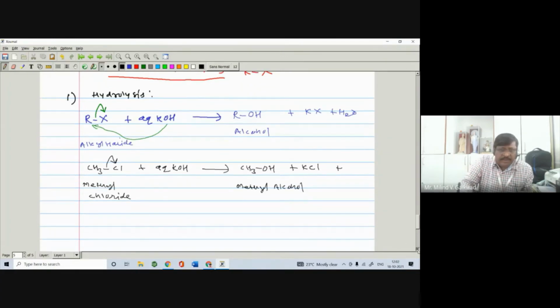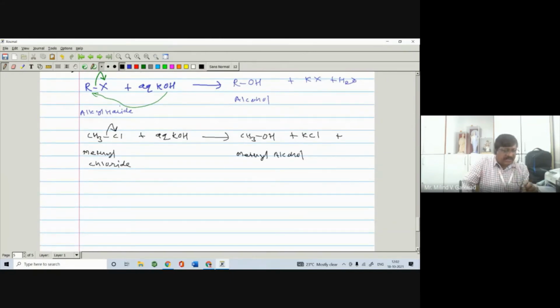Now the next one is the hydrolysis reaction. Similarly, you can carry out the reaction with CH3CH2Cl in the presence of Ag2O, silver oxide, and water, H2O.